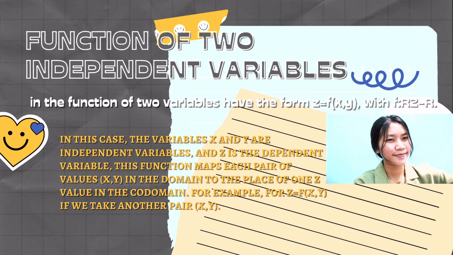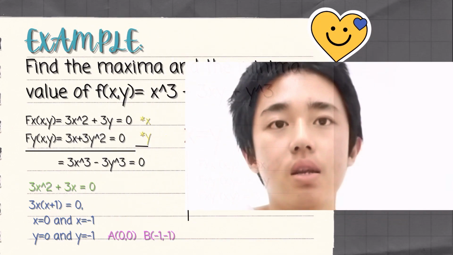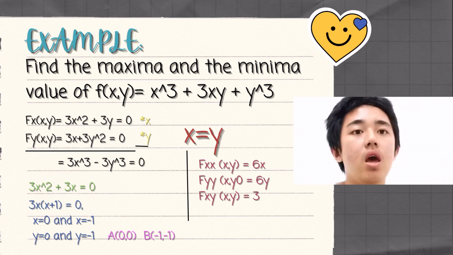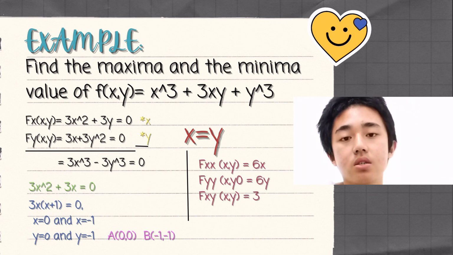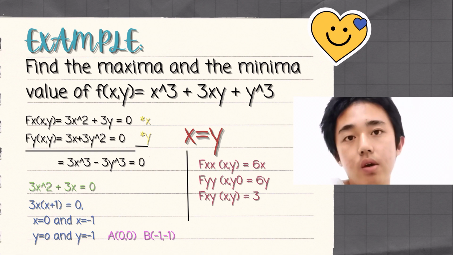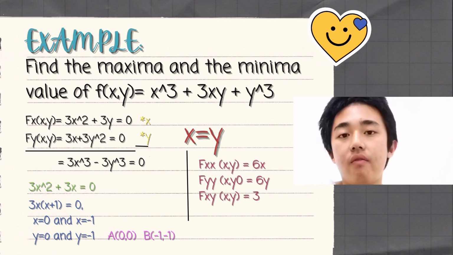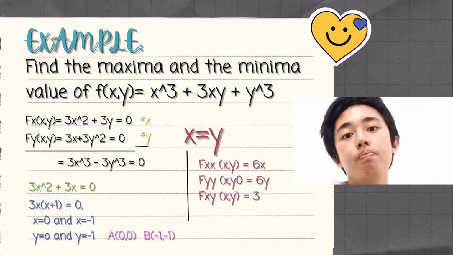Thank you. For the example of maxima and minima of two independent variables, the question is to find the maxima and the minima value of f(x, y) equals x cubed plus 3xy plus y cubed. We have to find both derivatives partially, so we focus first on fx. For fx, we must focus on x, so every y means constant, and when we differentiate it, it means 0.